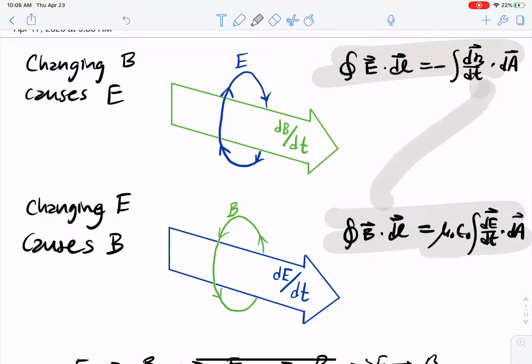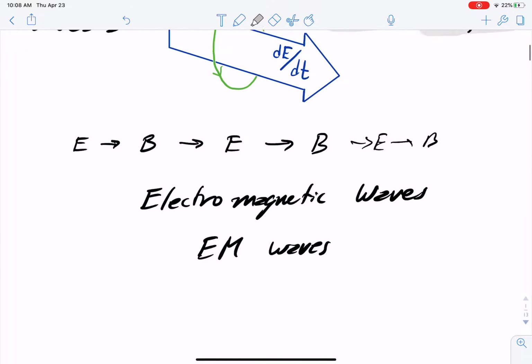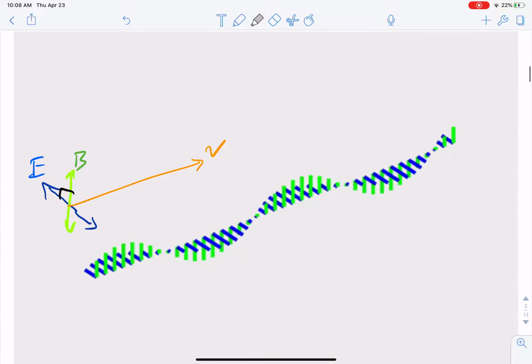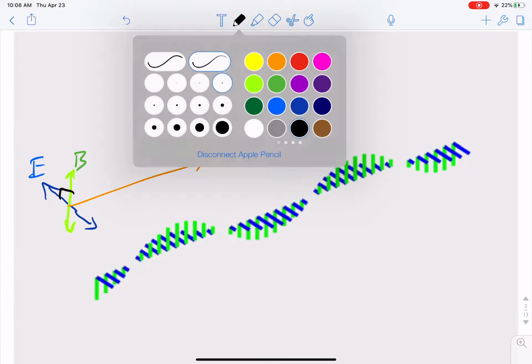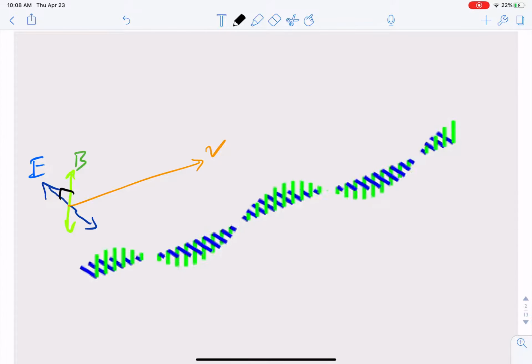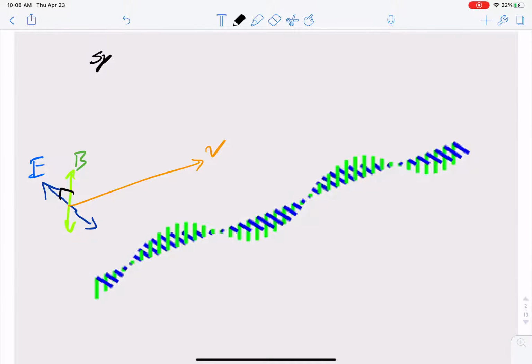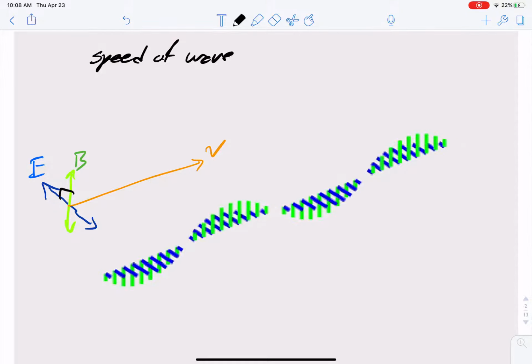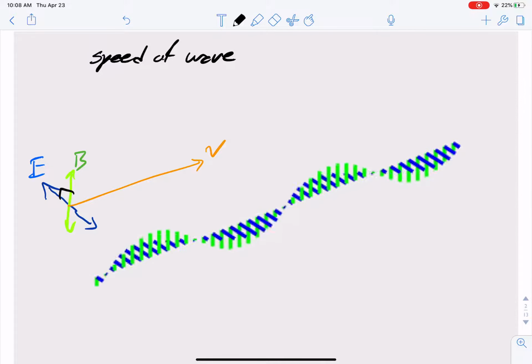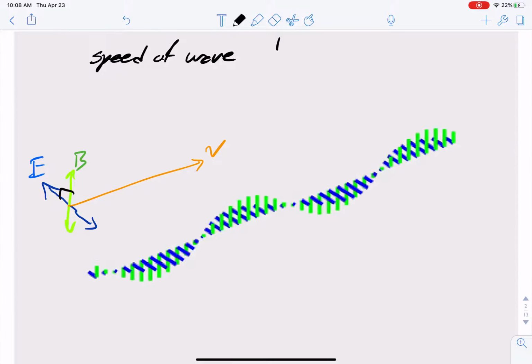This magnetic field plugs into that one, and that electric field plugs into this. So the two equations are coupled, and so only certain things are possible. This is one possibility here. What you find is that the speed of the wave is related to those two constants.